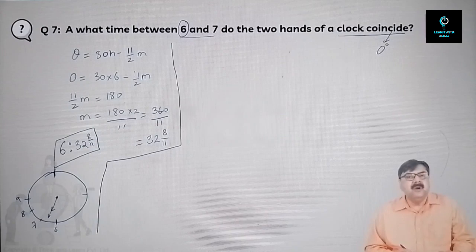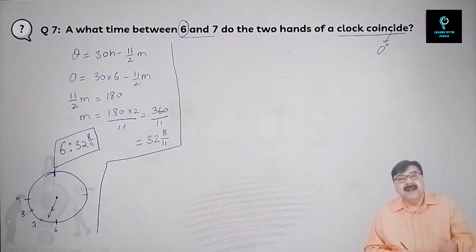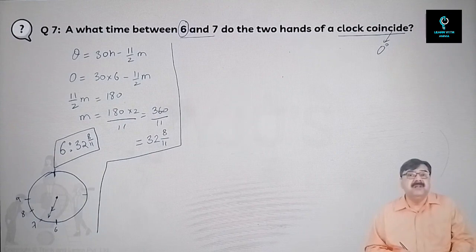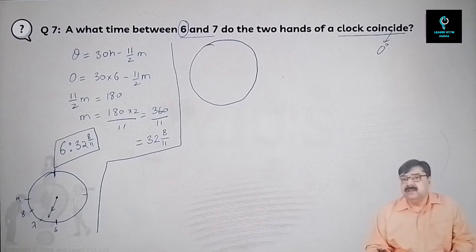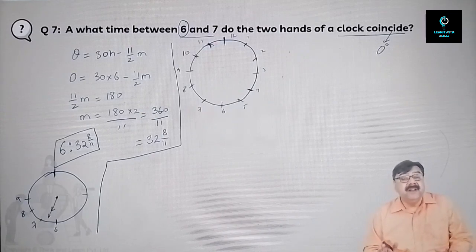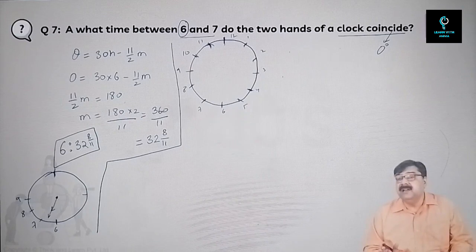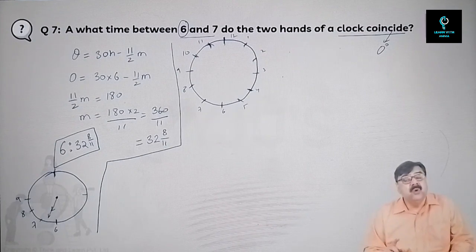Now talking about 0 degrees angle, there might be a question that arises in your mind, that why is it that 0 degrees is formed 11 times in 12 hours? Well, if you look at the dial of a clock, then please know this, that in every 1 hour duration, 0 degrees angle will be formed once, except a particular 2 hour duration when 0 degrees angle will be formed only once.